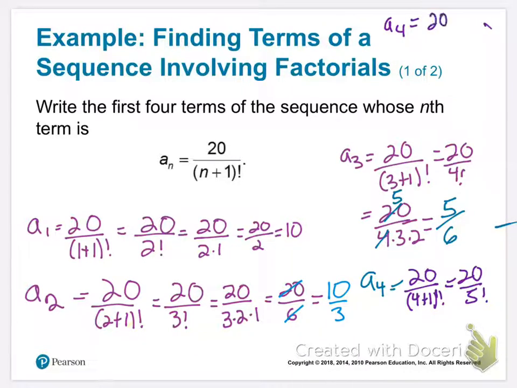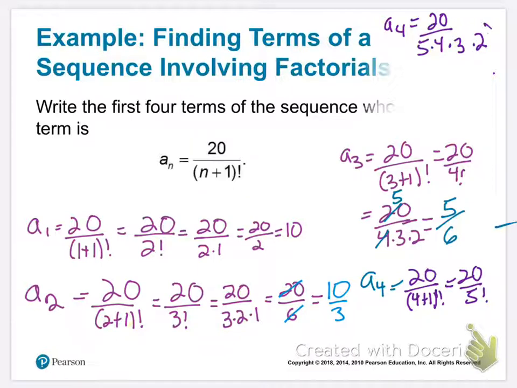So it's going to be 20 over 5 times 4 times 3 times 2.